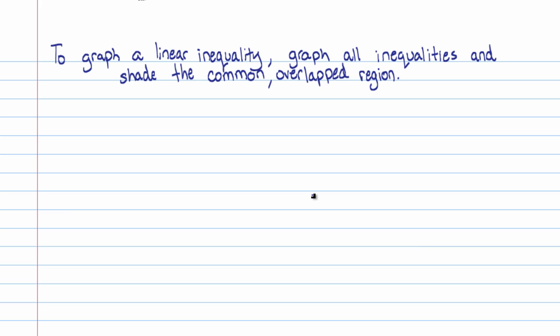To graph a system of linear inequalities, you graph all the inequalities in the system and then shade the common overlapped region. Because you have these half planes that are going to be shaded everywhere, you want to shade the one section that is an overlap of all of their shadings.